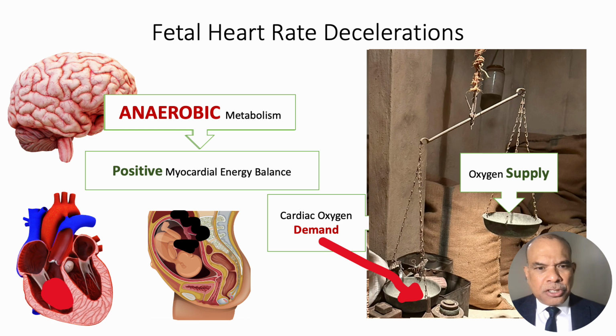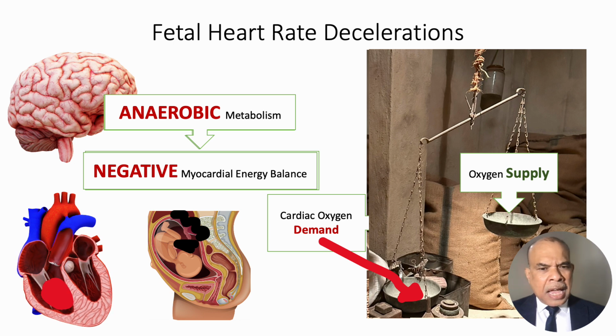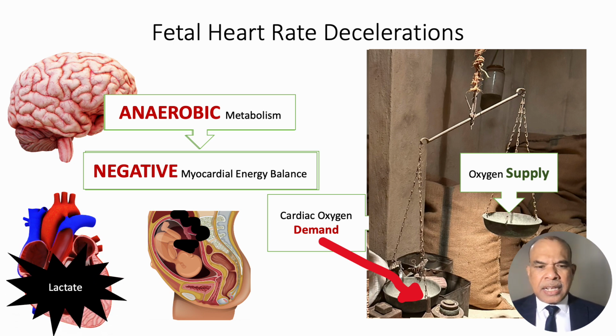And if it is not corrected, the myocardium can go from aerobic to anaerobic metabolism, and we get into a negative myocardial energy balance, and that's the time we start producing lactate in the myocardium. Similar to in the gym, when you run faster, you suddenly get pain in your calf due to anaerobic metabolism of your calf muscles, and you get pain and cramps, and you slow down and stop.